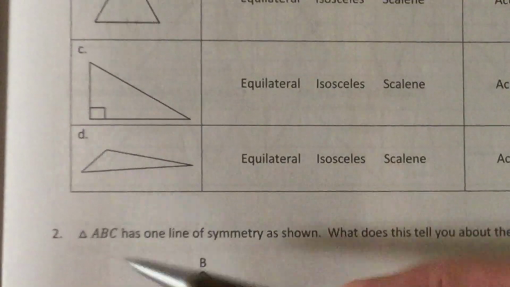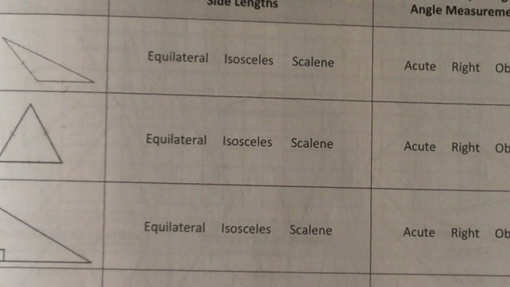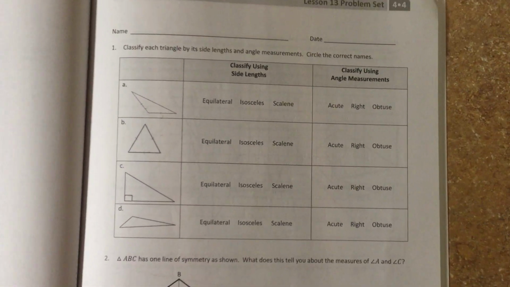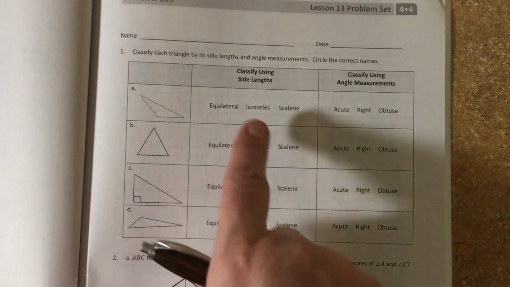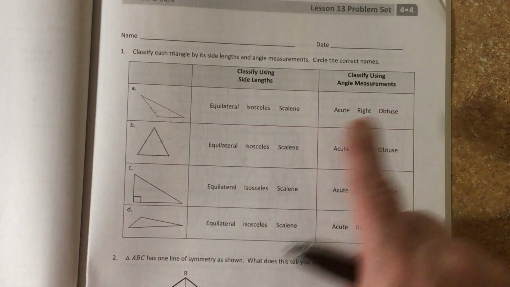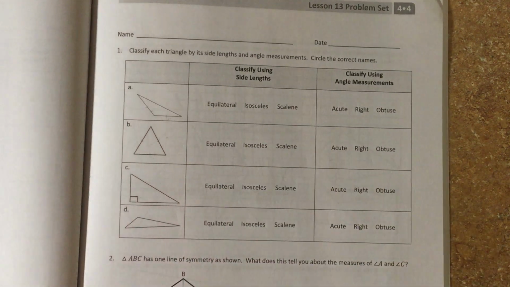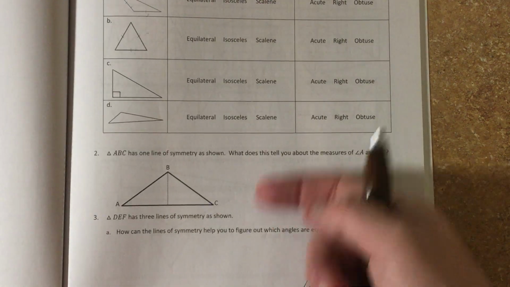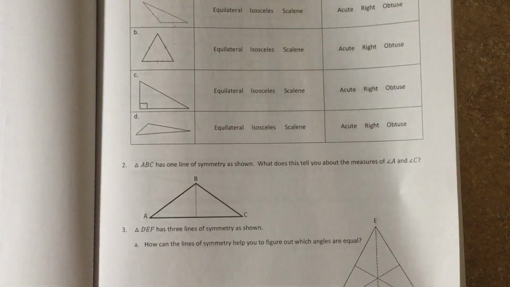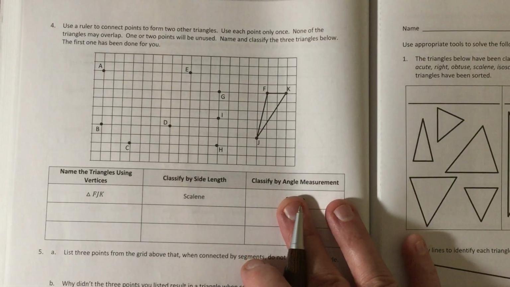So you can tell, and this one has the angle measure, you can tell whether or not the sides are equal or not. You're going to circle one name in this box and one name in this box to identify this triangle, and you're going to do that for all 4 of these. I'd like you to go ahead and do numbers 2 and 3 on page 104.